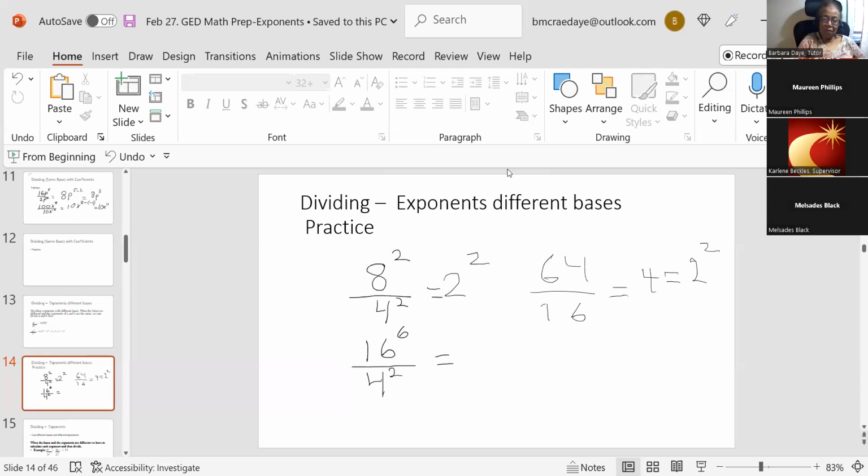So you have a check on yourself. If you say, well, I wonder if that answer is right, well, what's 8 to the second? 64. 4 to the second is 16. 64 over 16 is 4. And 4 is 2 times itself 2 times. Got it?